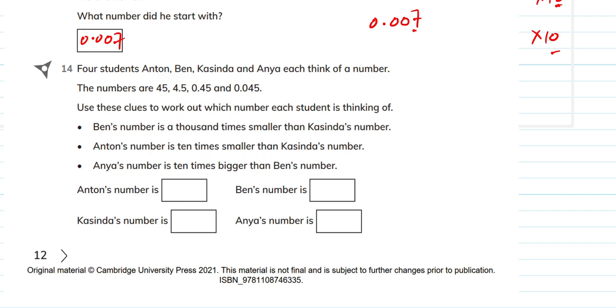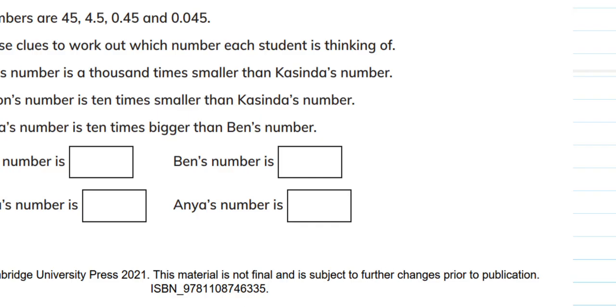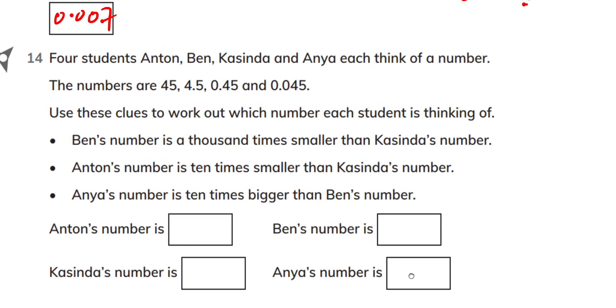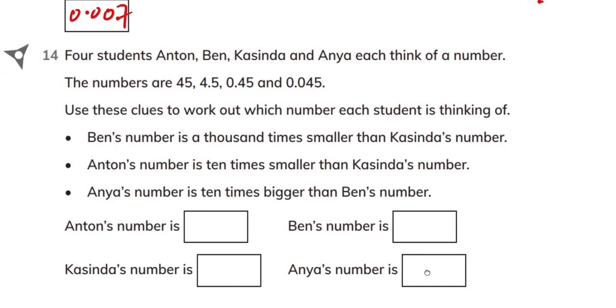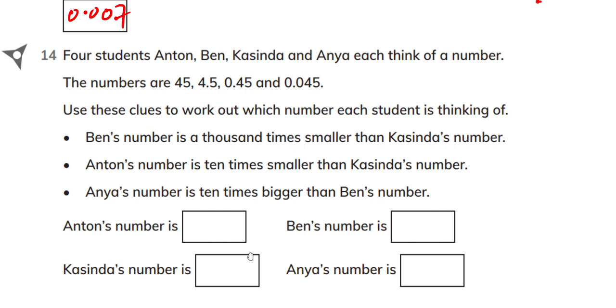Now the next one, let me make the slide bigger so it fits on the screen. Four students, Anton, Ben, Cashinda, and Anya, each think of a number. The numbers are 45, 4.5, 0.45, and 0.045.